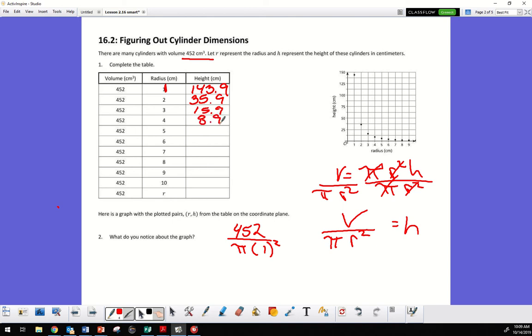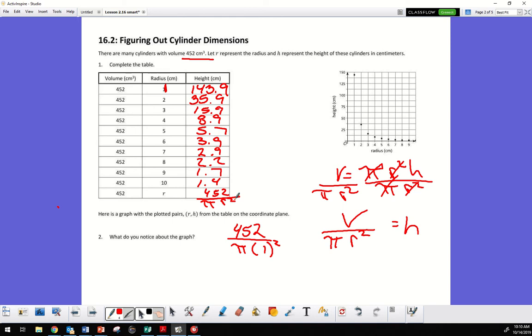What is 5? 5.7. 6? 3.9. 7? 2.9. 8? 2.2. 9? 1.7. 10? 1.4. And R, that's this one right here. So it's going to be 452 over pi r squared. So we did that first.